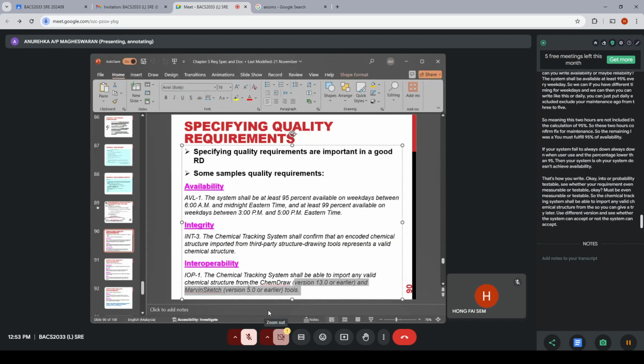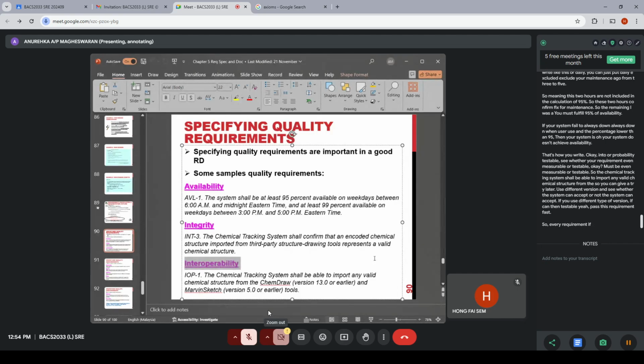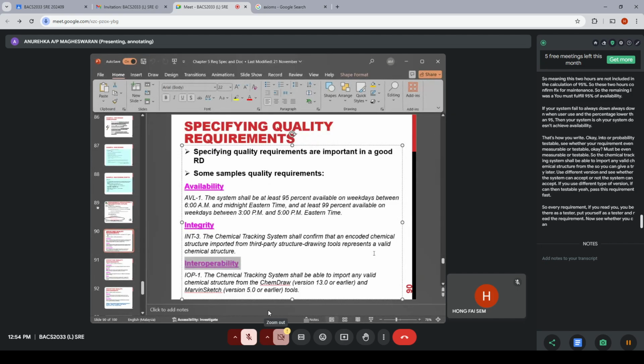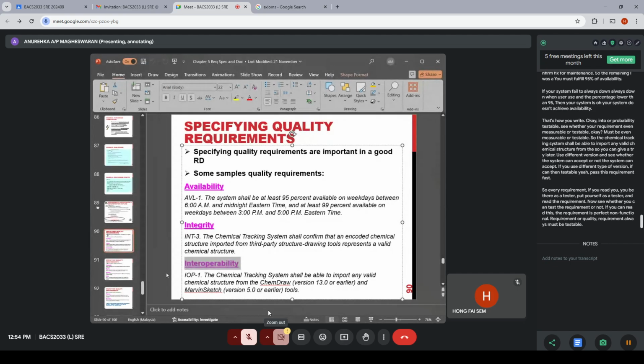If it can, then it's testable, and the requirement passes. For every requirement you read, put yourself as a tester and see whether you can test it or not. If you can test it, the requirement is perfect. A non-functional or quality requirement must always be testable. You know, my master's project has something to do with this.